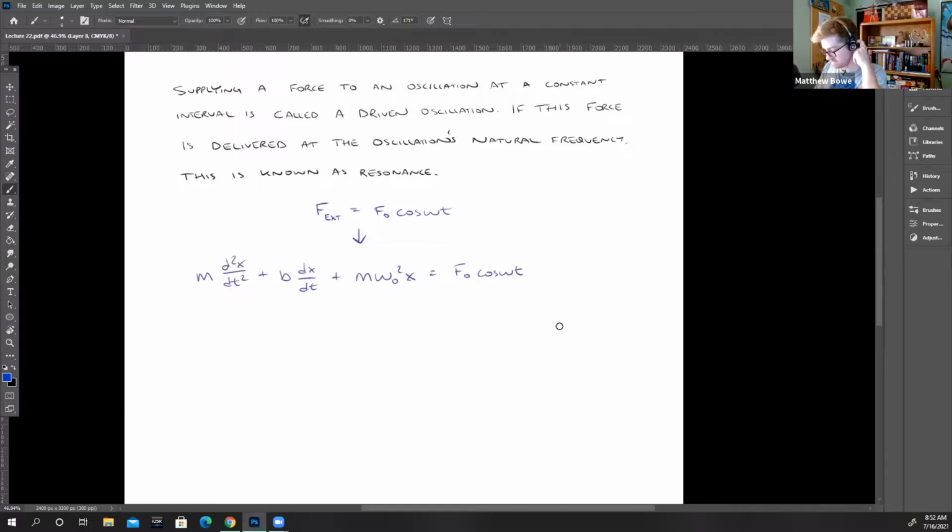All right, so we have this new form. It's the equation of an oscillator with a force being supplied, a constant force at a regular interval.